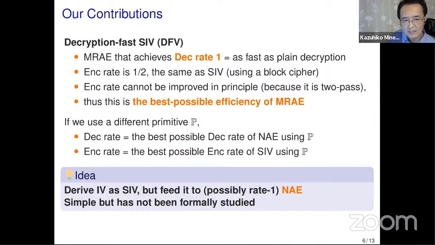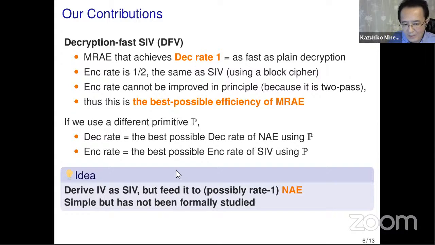This means that my proposal, which we call decryption-fast SIV or DFV, has the best possible efficiency of MRAE. If we use a different primitive than a block cipher, say P, the decryption rate is the best possible decryption rate of nonce-based AE using this primitive, and the encryption rate is the best possible encryption rate of SIV using this primitive. The idea is quite simple.